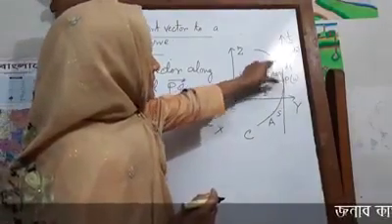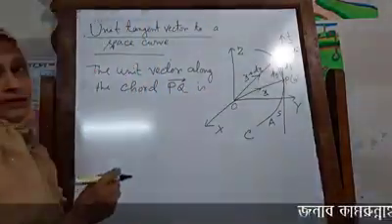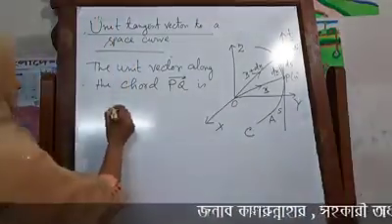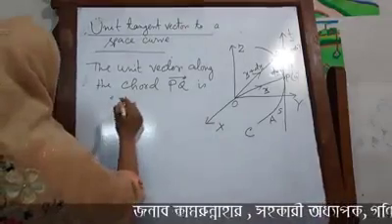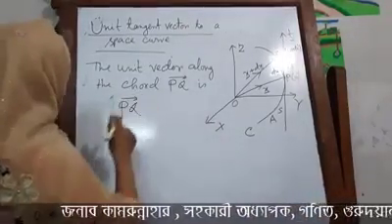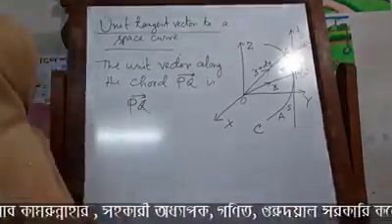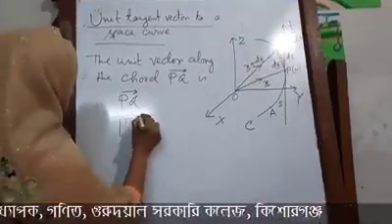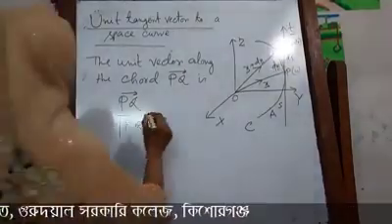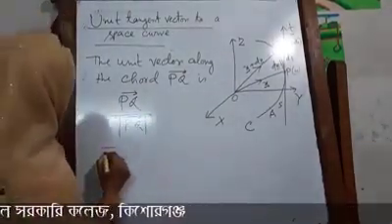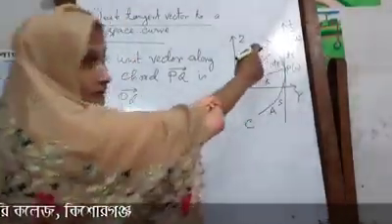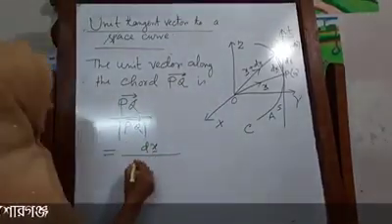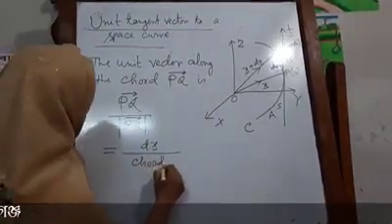This is a chord PQ. There are many chords in the circle. It is equal to δx by the chord PQ, where the denominator is the length of chord PQ.